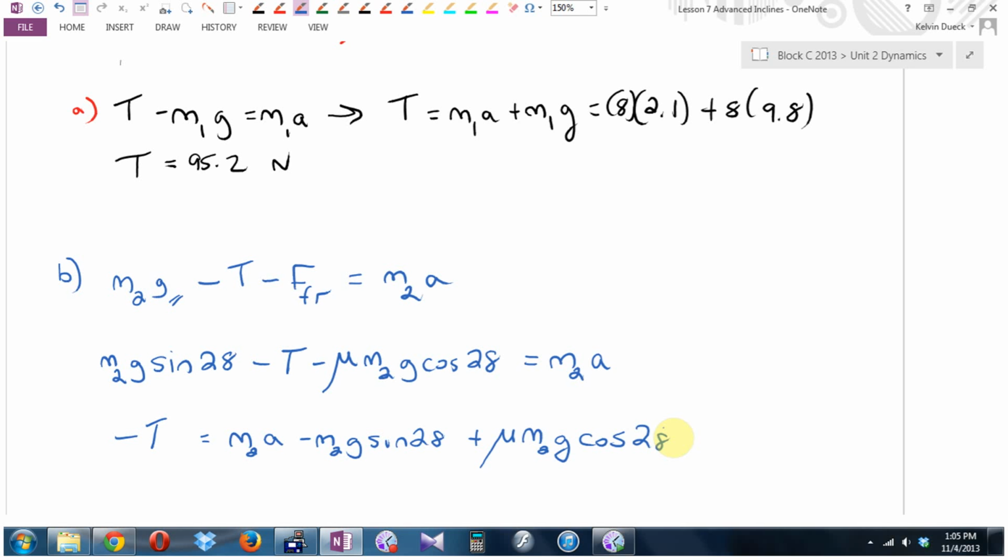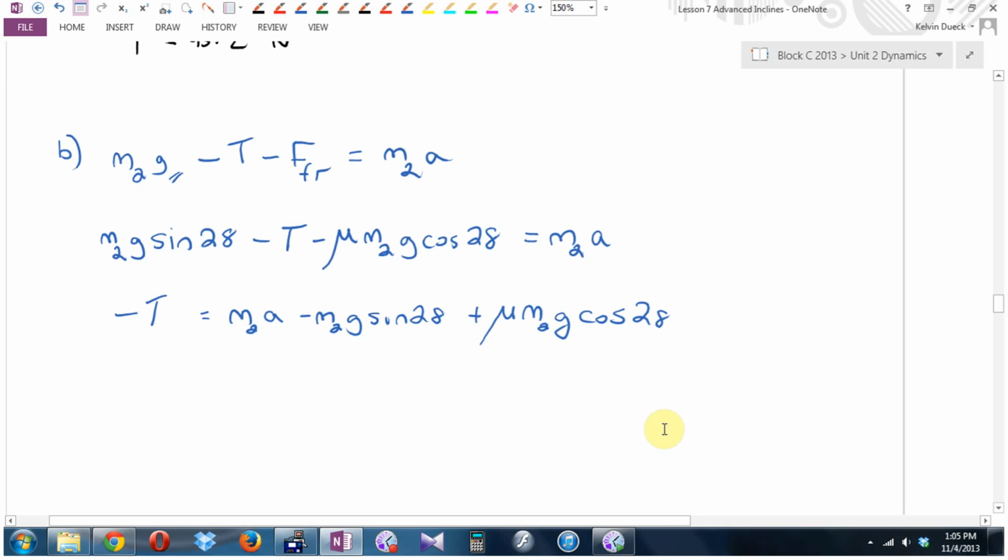Now when I do that, I'm going to get this. Negative T equals, I'm going to factor out an M2. Curtis, what's left behind in the first term in brackets? And then a minus, then what? And then a plus mu g cos.